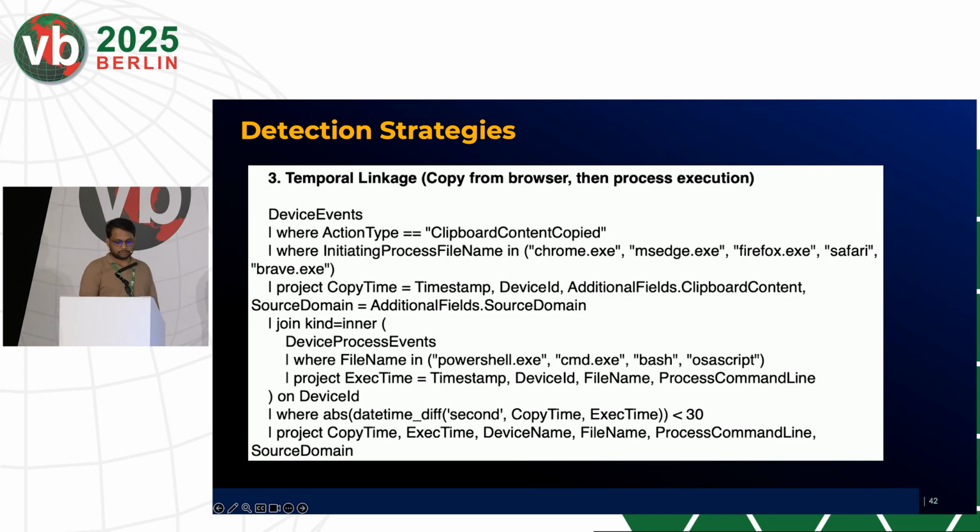We identify shell process spawning within 30 seconds of the user copying content from a domain, especially a newly registered domain within 24 hours. With that, we use the temporal linkage.